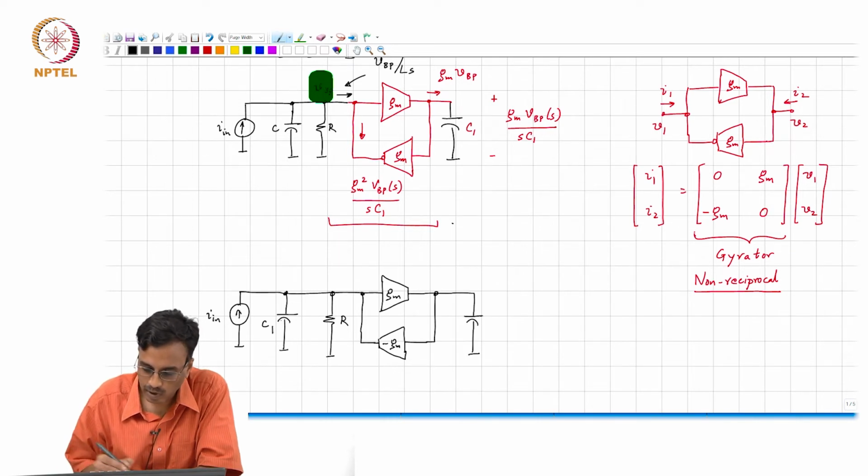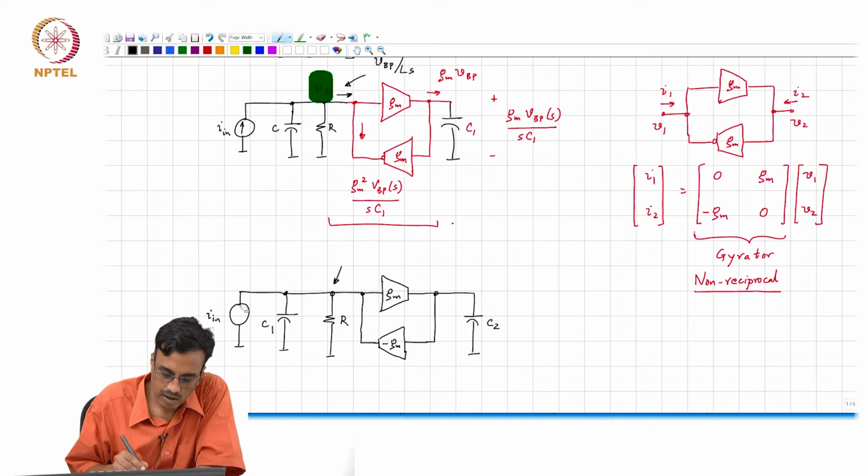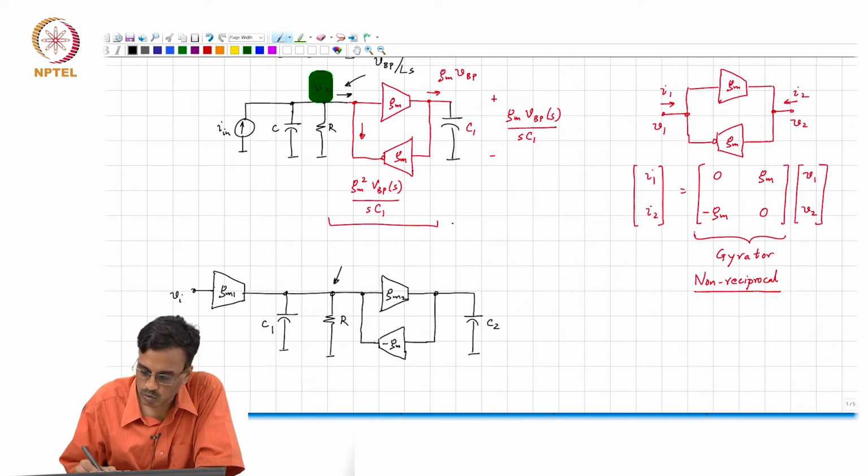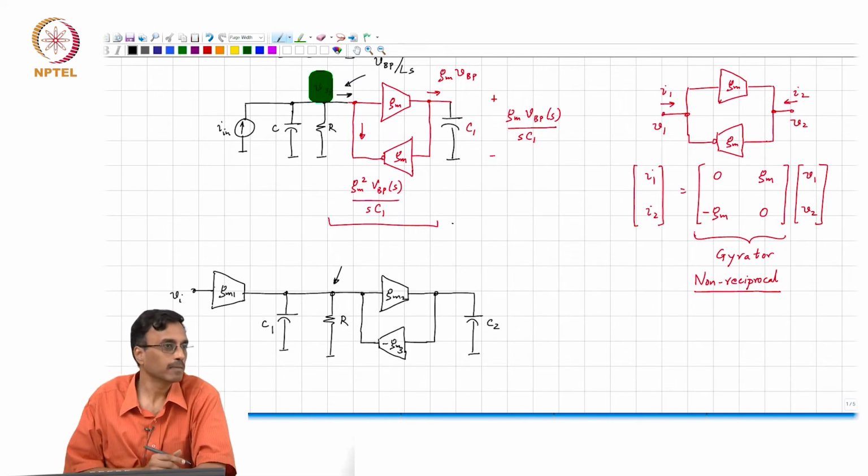I am going to call this C1 and I am going to call this C2. This voltage is basically, yeah, you need a voltage controlled current source here. This is Vi, let us call this GM1, GM2, GM3, okay.